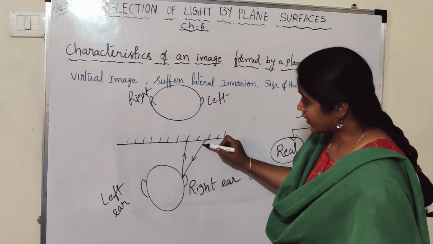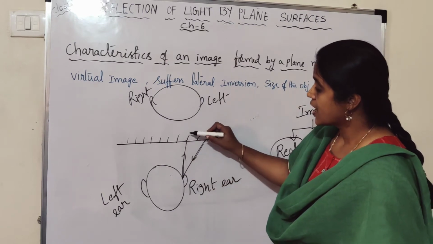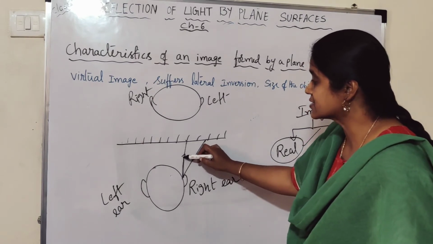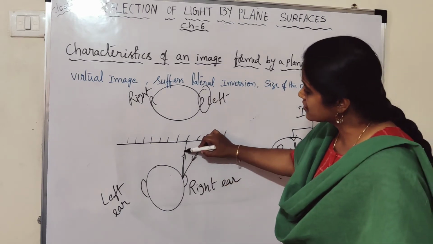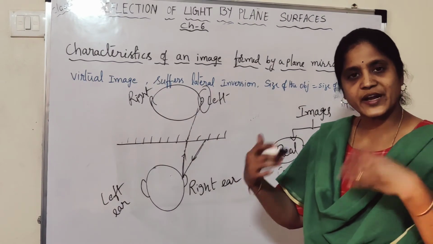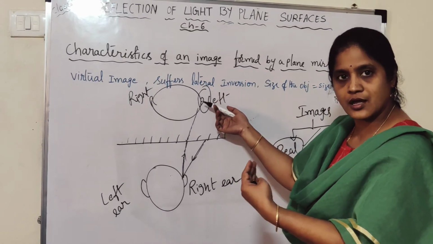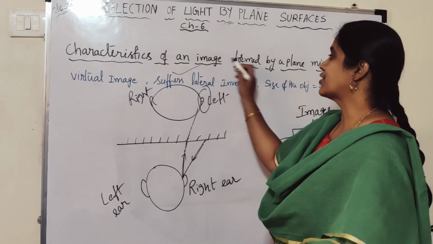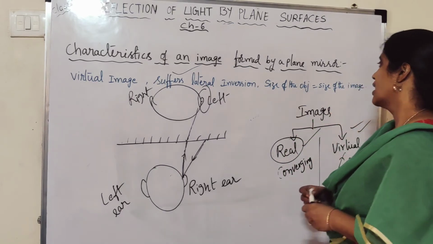Actually, when the light ray falls on us and reflects from our body, our brain perceives that the light ray is coming from the mirror along this path, and if you extend the diverging rays they will meet at this point. But our brain perceives that this ray is coming from the left side. Due to that reason, we always get lateral inversion.